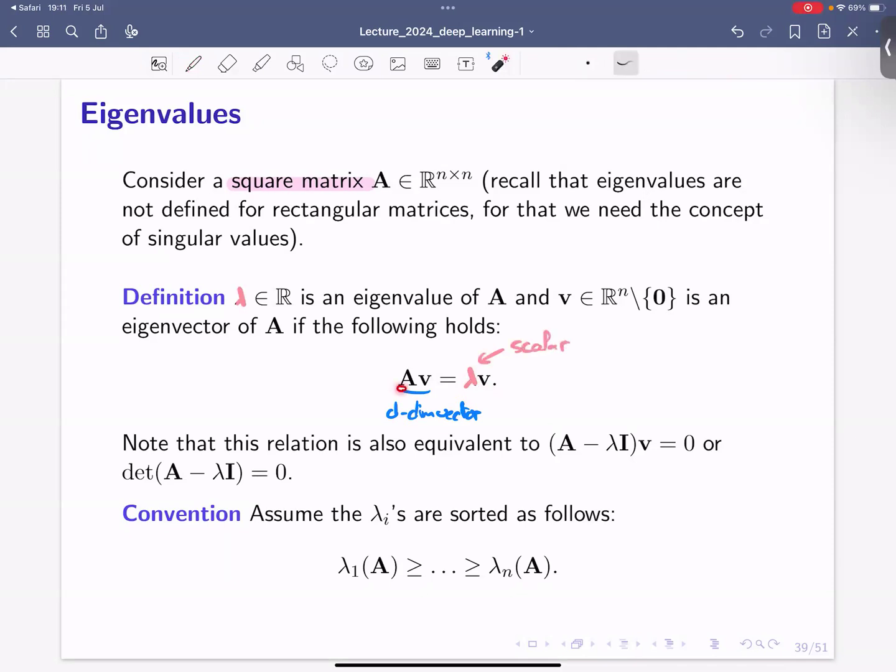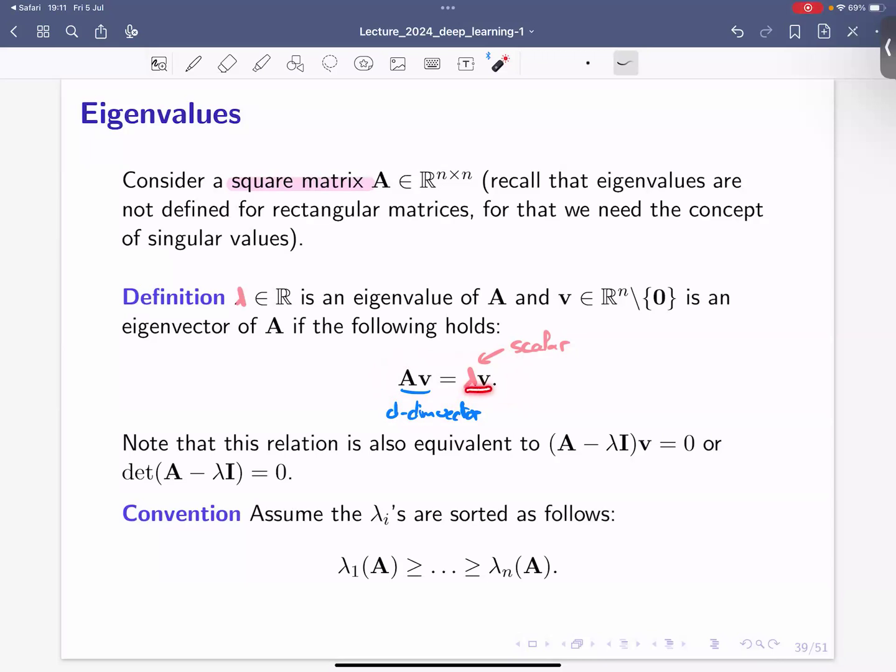So we are saying that AV is supposed to have the same direction as the vector V, and we can multiply it. We can multiply here by a scalar that changes the scaling of the vector. So any lambda V that satisfies this equation will give us one eigenvalue eigenvector pair, and we can have actually n of those eigenvalues and eigenvectors.